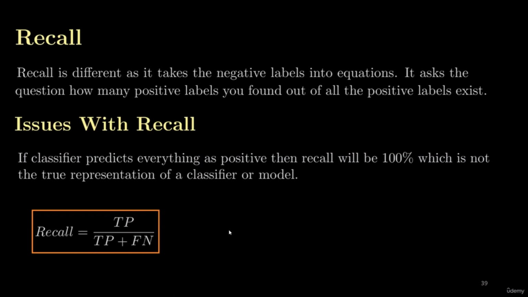Now there is an issue with recall. If the classifier predicts everything as positive, then recall will be 100%. If we pass 100 samples to the classifier and it gives every sample as a true positive, in that case recall will be 100%, which is not a true representation of a classifier. That is, the false negative is 0 and everything is classified as a positive label.